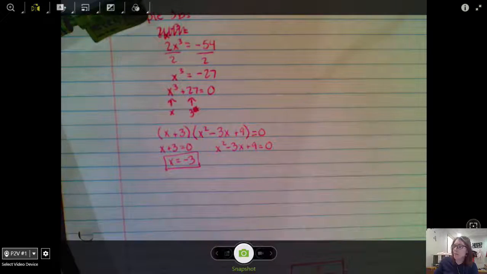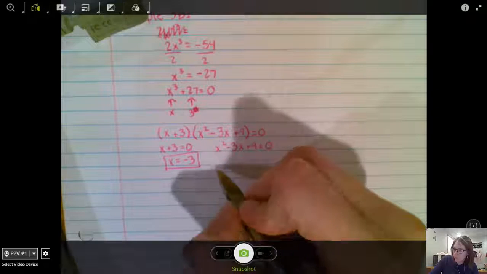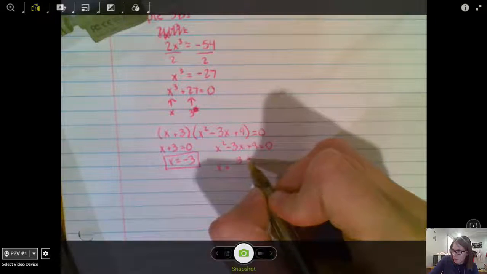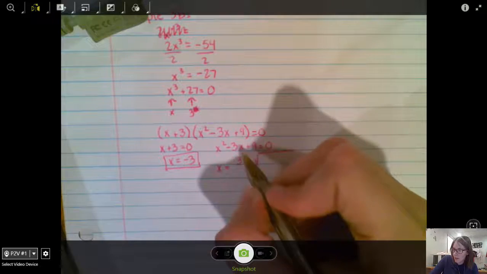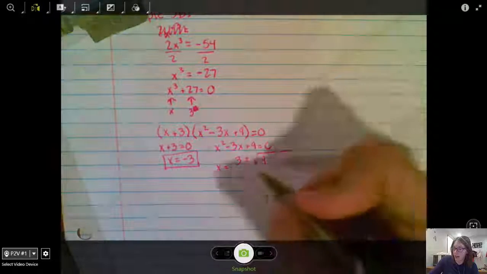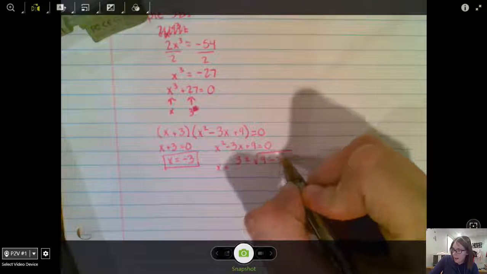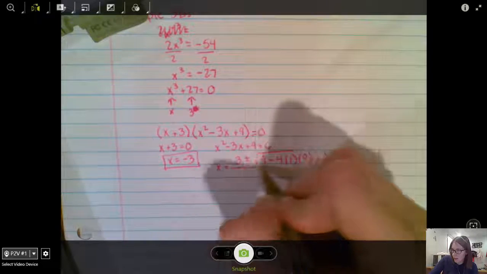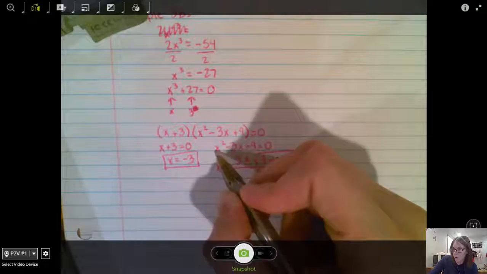So we really want to use our quadratic formula here. X equals negative b plus or minus the square root of b squared. Negative 3 squared is going to give us positive 9. Minus 4 times a times c, all over 2a.